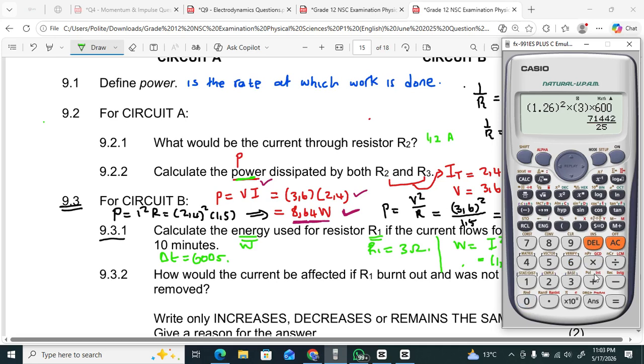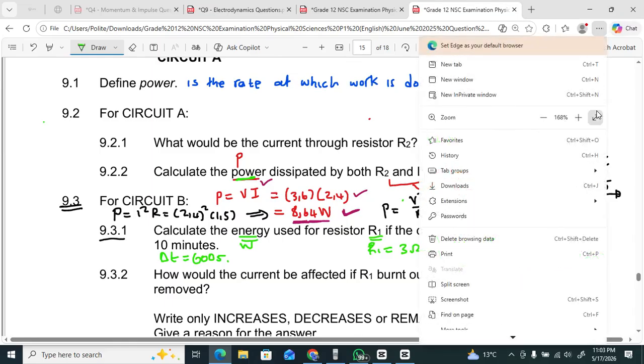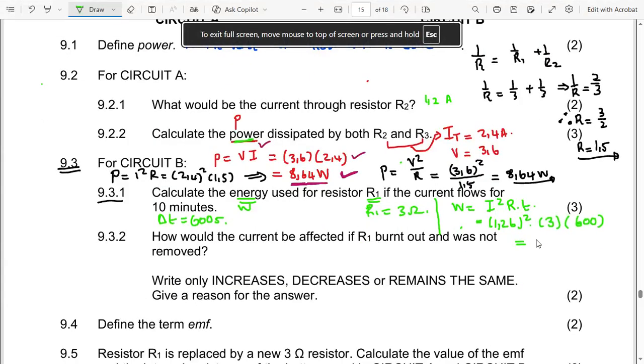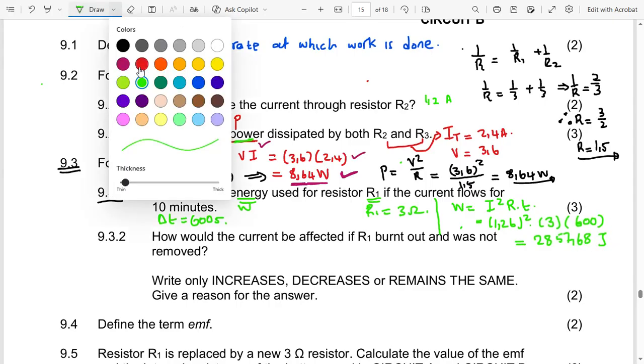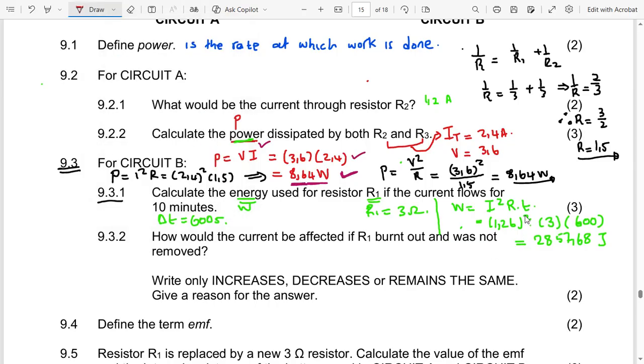Okay, this gives us 2857.68 joules. Also indicate the SI unit, because when they mark, they'll give you a mark for the formula, a mark for the substitution, and a mark for the final answer. Right, going to the next one.